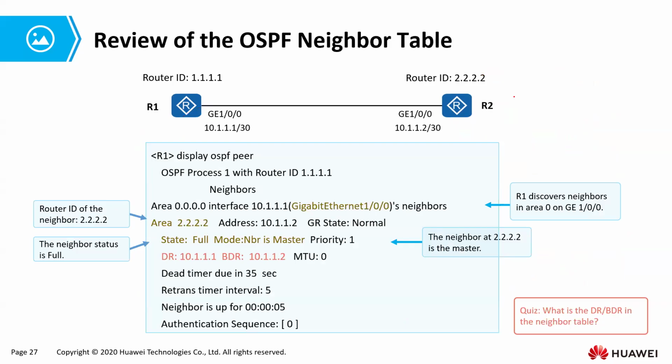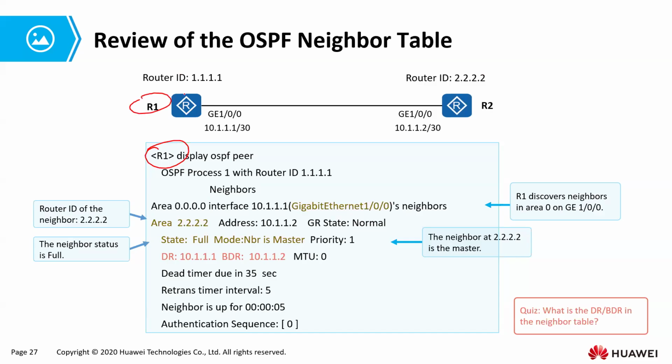Review of OSPF neighbor table. What does the OSPF neighbor table show us? Some of the important information: obviously, router IDs. The neighbor table shows us this is for R1.